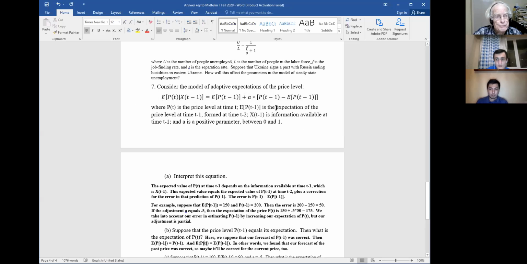Let's see, if last year we were 100% correct about the price level, then this bracketed term will equal 0. So what now is an expectation of the price level at time t.